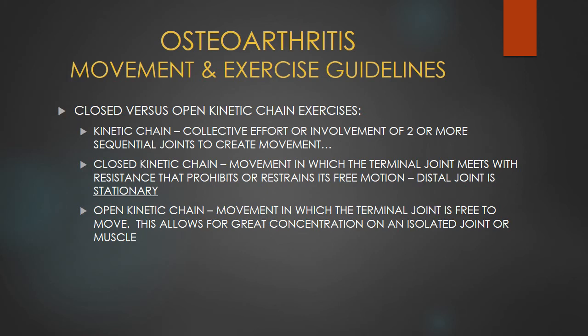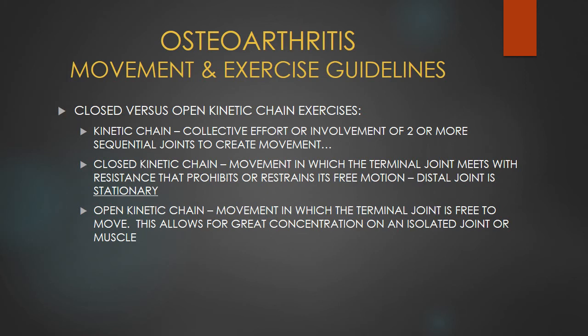Well, the kinetic chain describes the collective effort or the collective involvement of two or more sequential joints to create movement. So, for example, when we walk, the articulations of our lower extremity from the toes into the forefoot, into the midfoot, into the rear foot, into the tibia and fibula, up into the knee and up into the hip form a series of linkages that all work together in what we refer to as a kinetic chain.